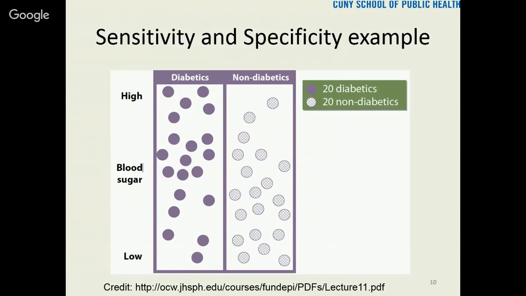So let's take this screening test and apply it to 20 diabetics and 20 non-diabetics and make up some fictional data as to what the result is. So what I'm showing here are the two groups, the diabetics and the non-diabetics, and we know who they are from the gold standard test. And we've measured blood sugar in both of them. And the key thing you see here is that there's a lot of overlap between them. This is why it's not a perfect test.